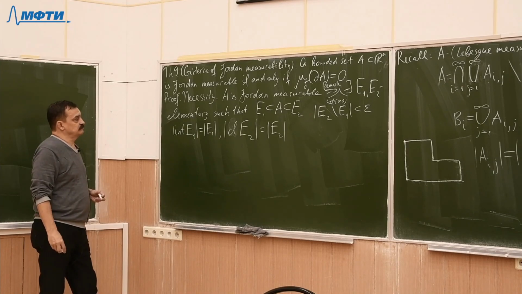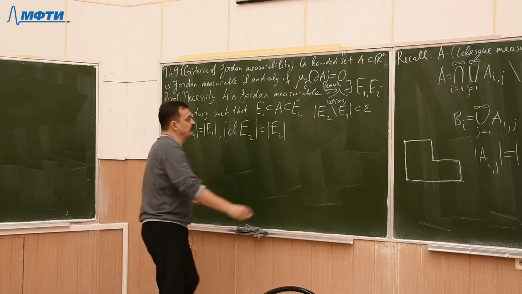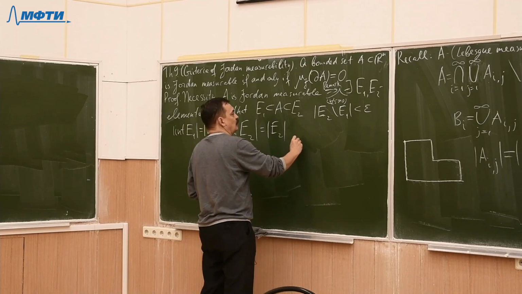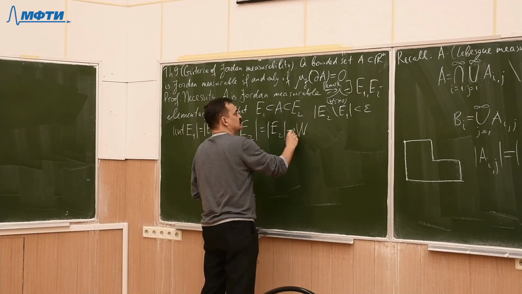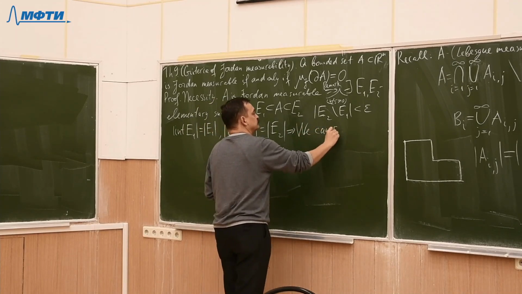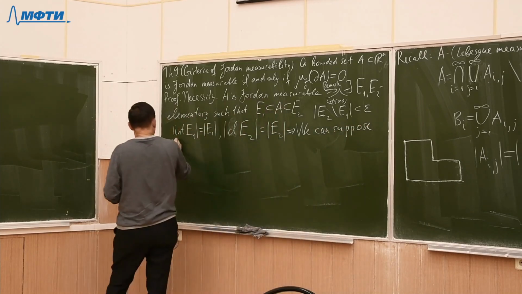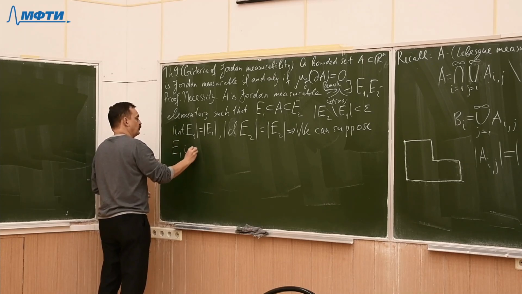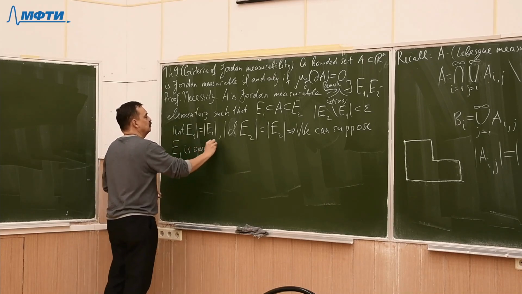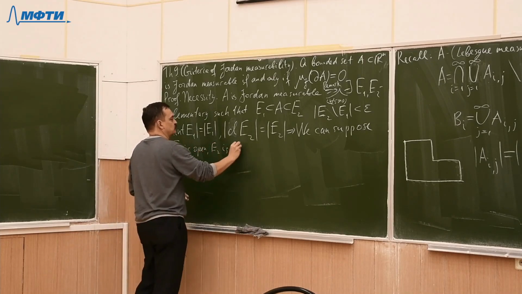So in the following, we can suppose E1 is open, E2 is closed.